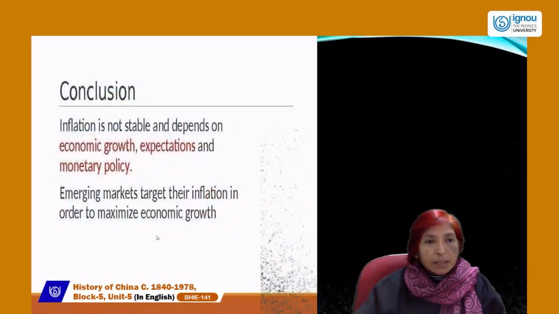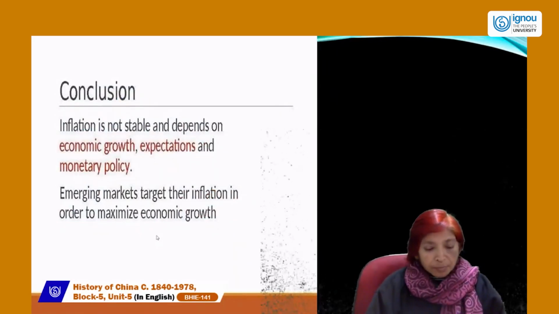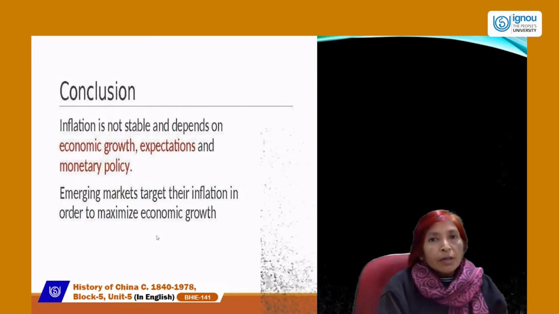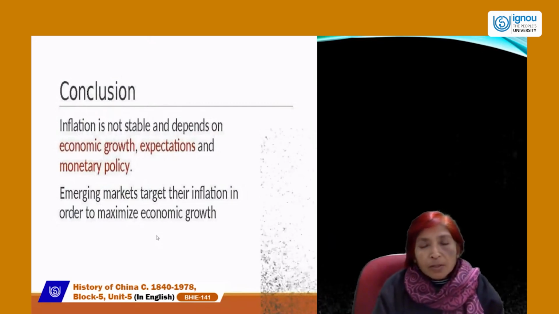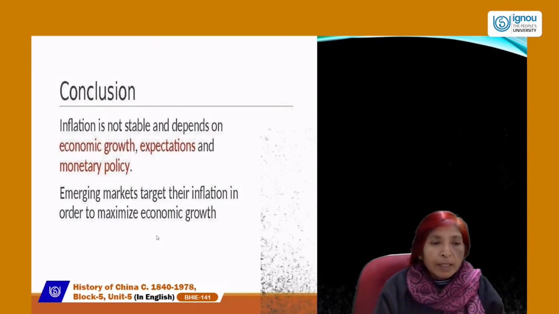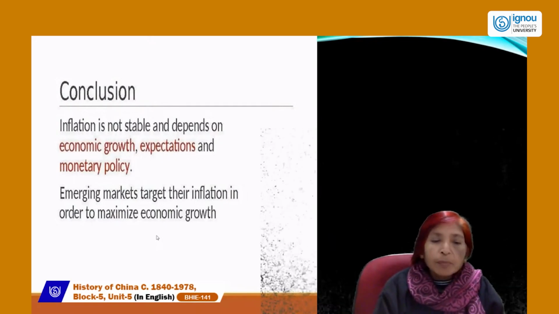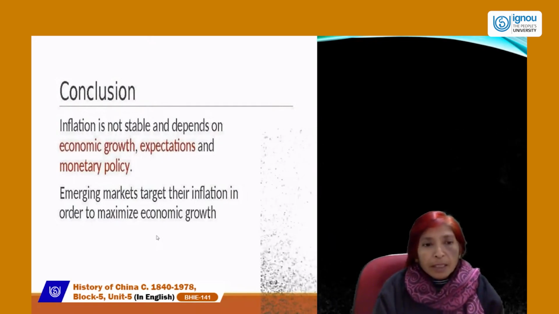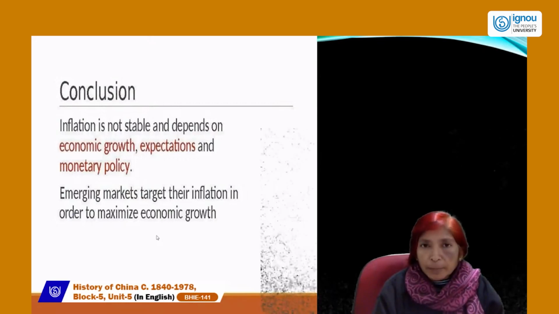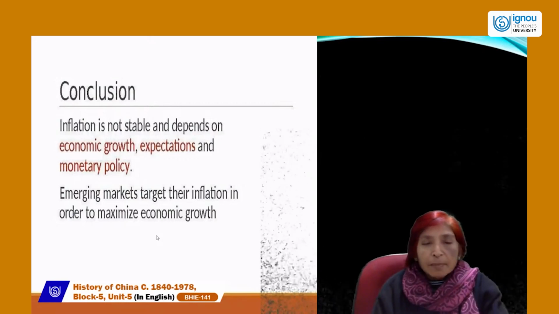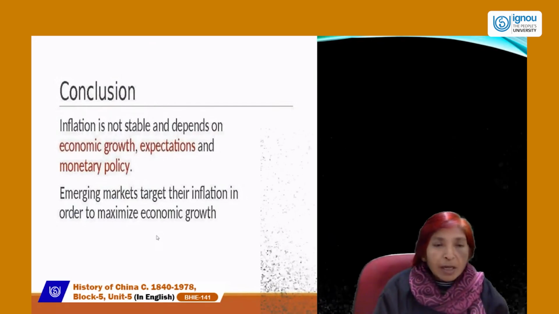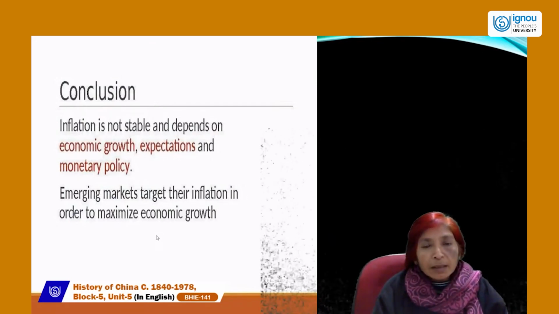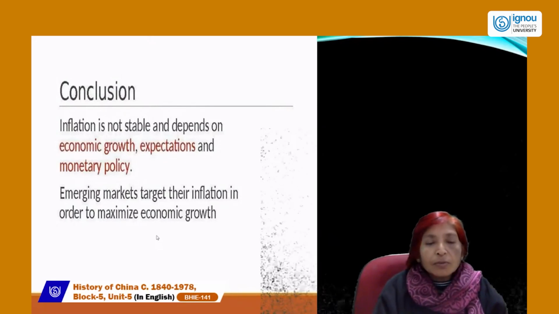And you know that inflation is a general phenomenon, and inflation is not stable and depends on economic growth, expectations, and monetary policy. You know that RBI can increase the money supply and can decrease the money supply. When RBI increases the money supply, then the price level will also rise. When RBI decreases the money supply, then the price level will also fall.